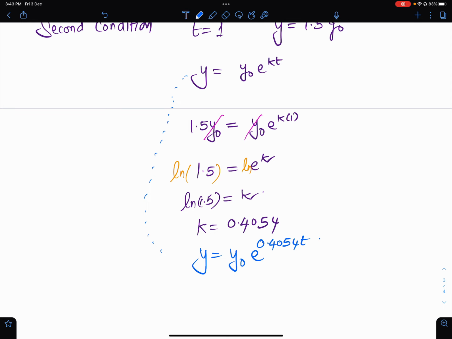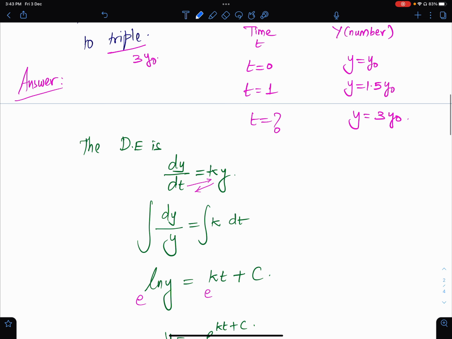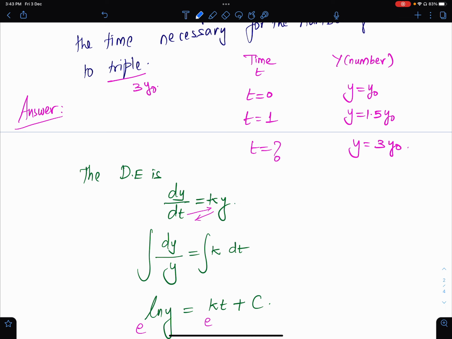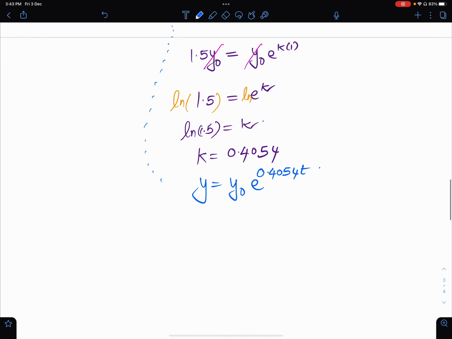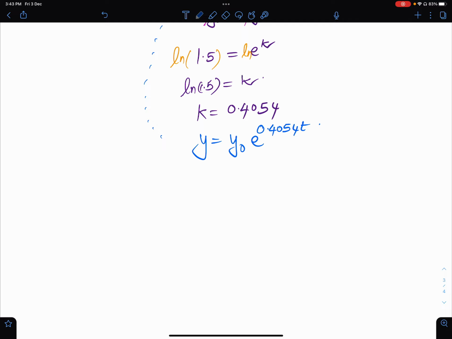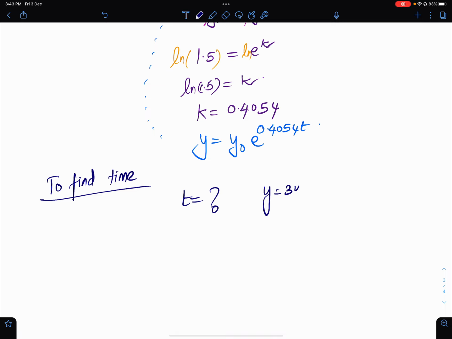But what is our task? Our task is to find the time when y is 3 y naught. So to find the time, t is equal to what when y equals 3y naught.